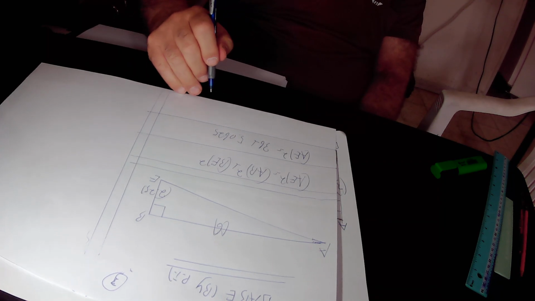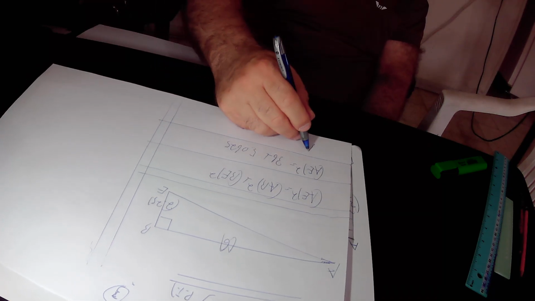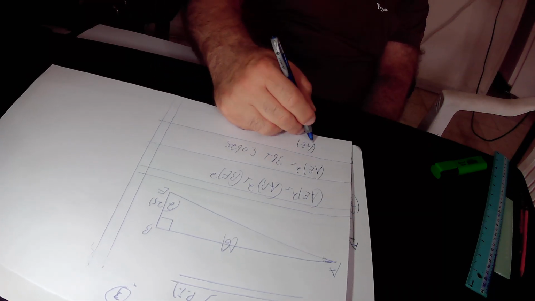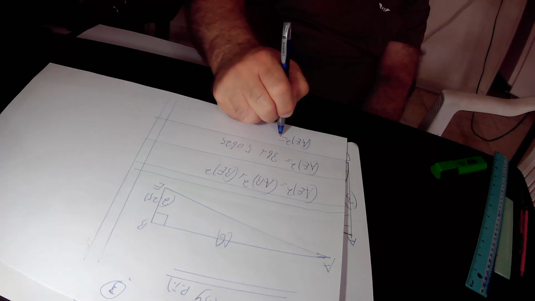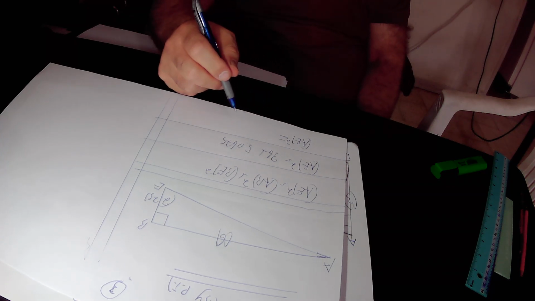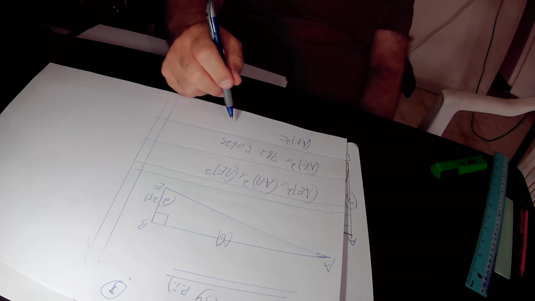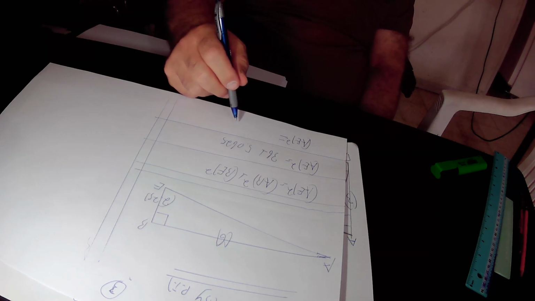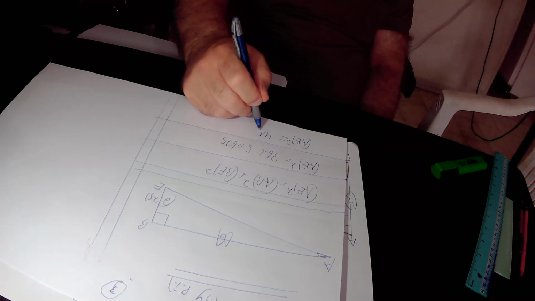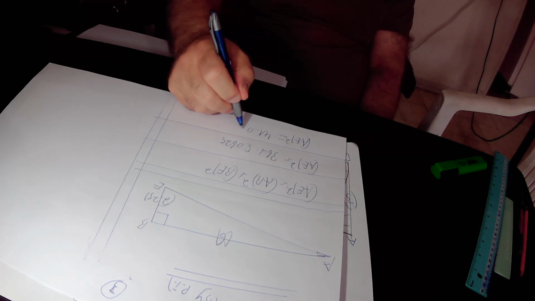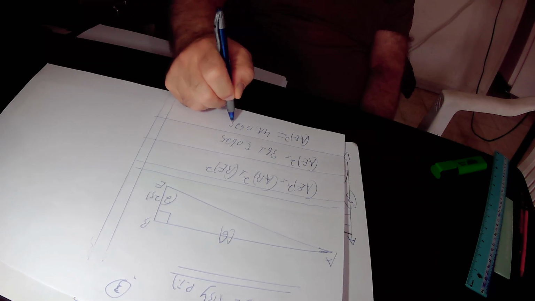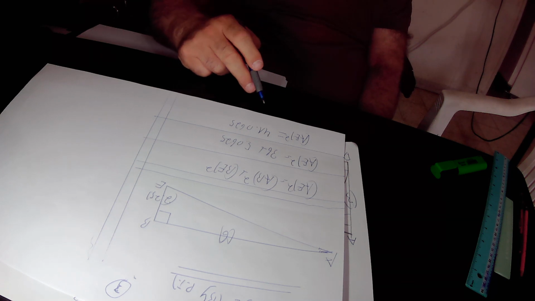So in total, AE squared equals 36 plus 5.0625, which equals 41.0625.